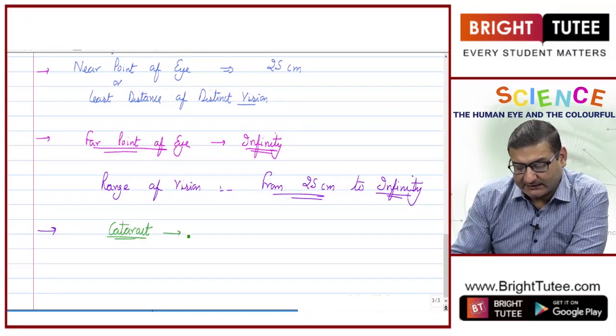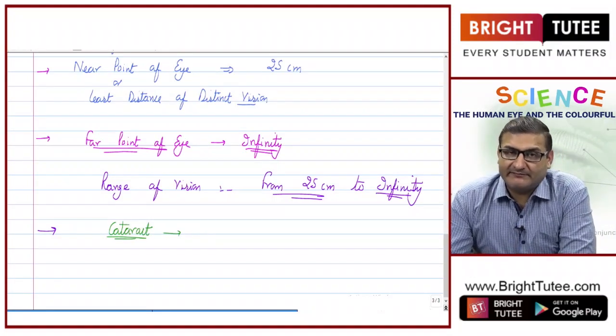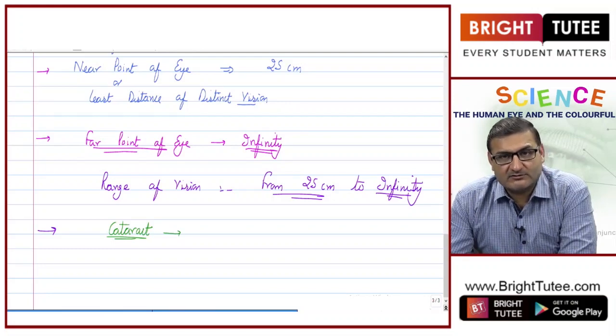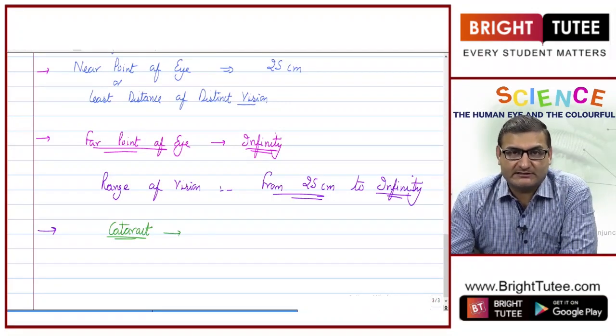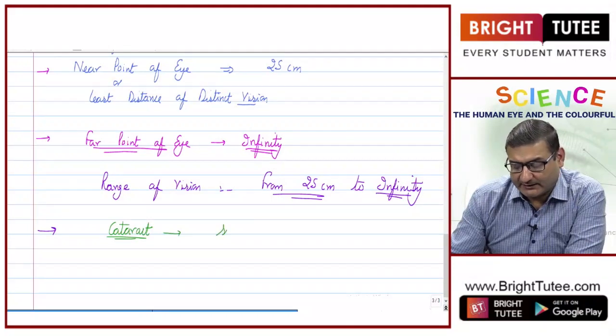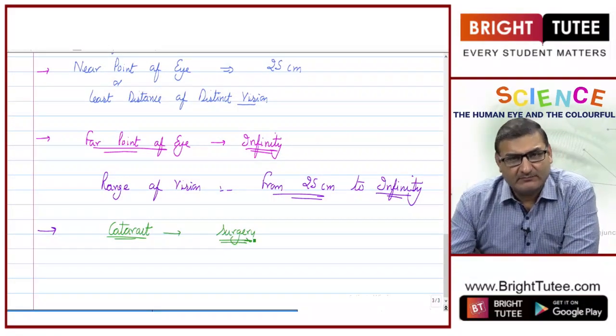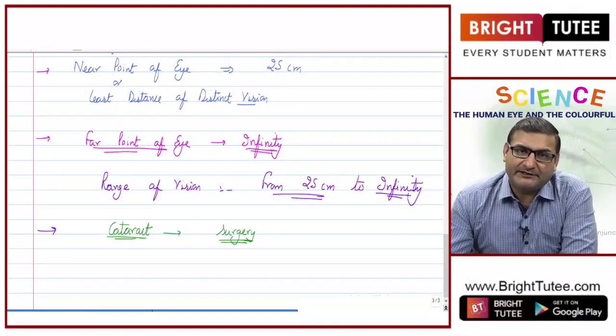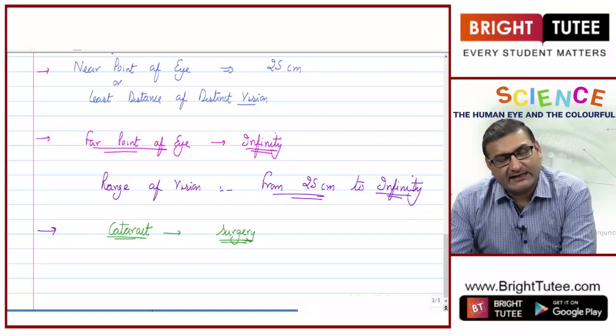So cataract is a disease in which a person's eye lens becomes cloudy or milky, which leads to the loss of partial or total vision. This can be corrected by surgery. Most of the time the eye lens is removed and replaced by a new lens which functions properly. So this is about cataract.